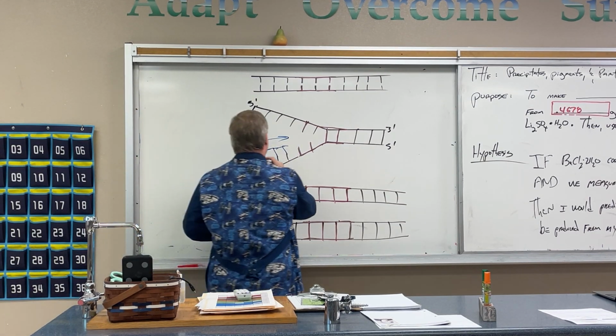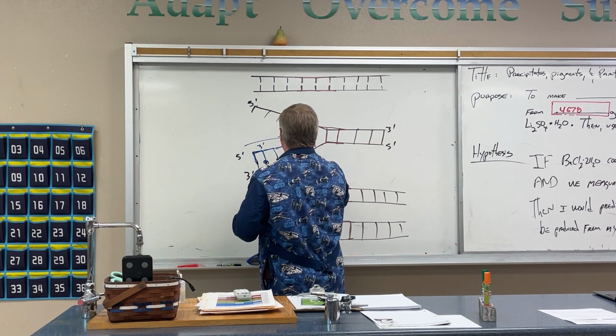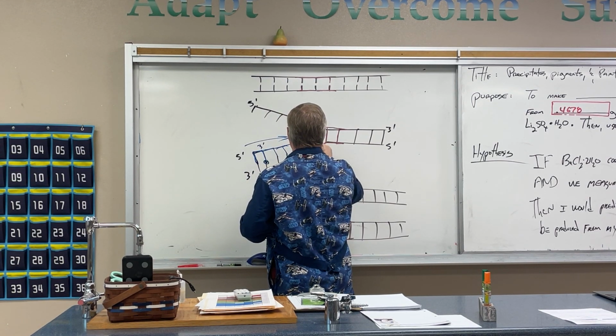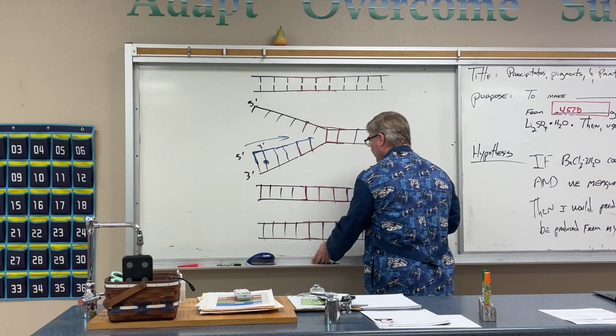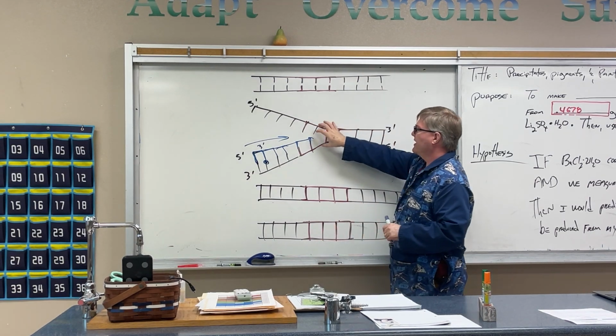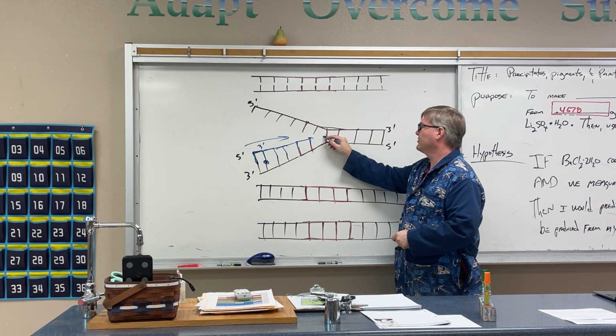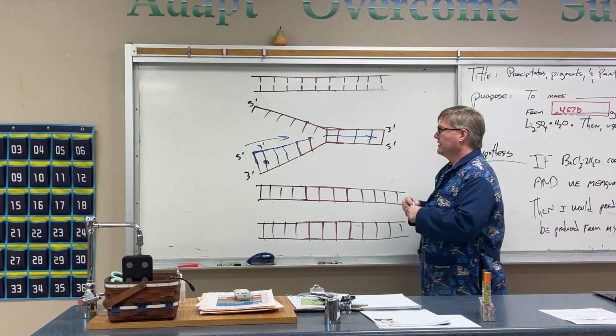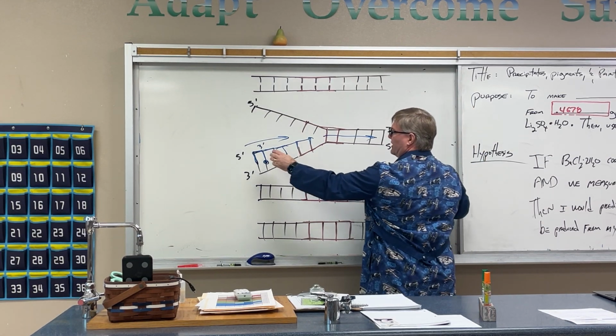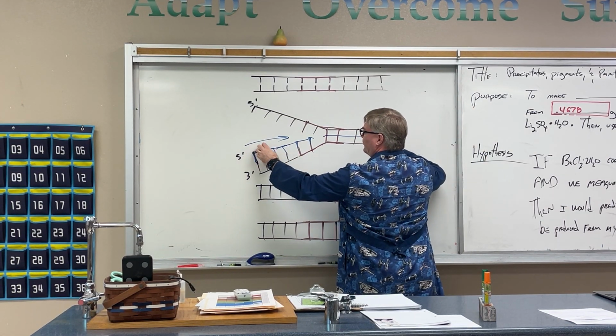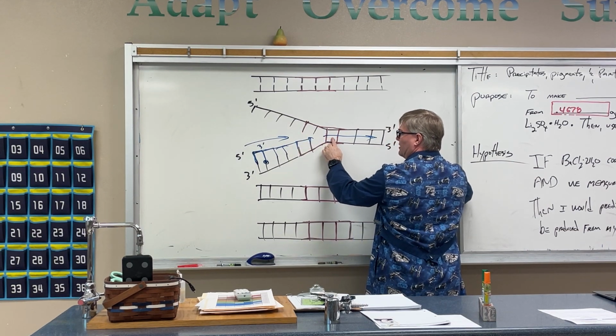All right, now, the mechanism that is unzipping the DNA is going this direction. And at least for the bottom strand, it is being built in the same direction the zipper is going.